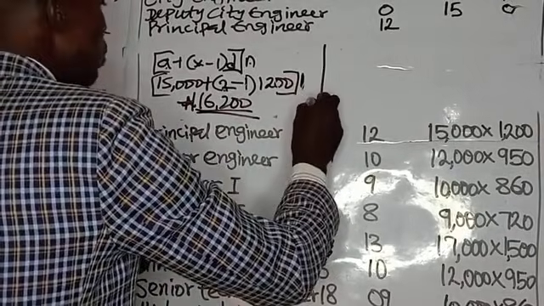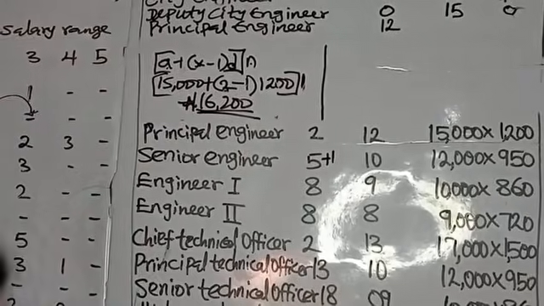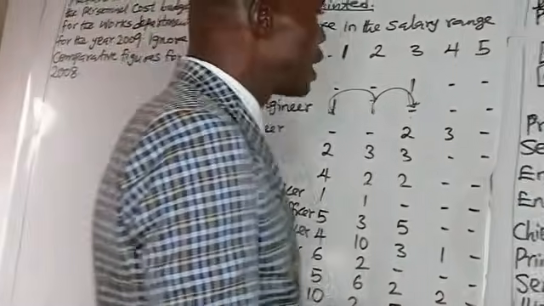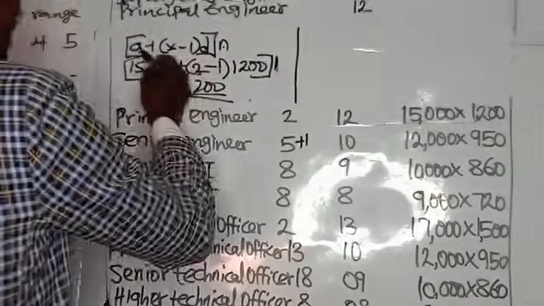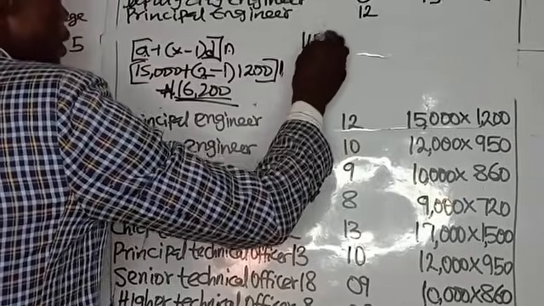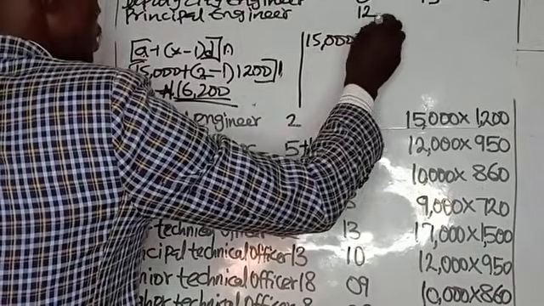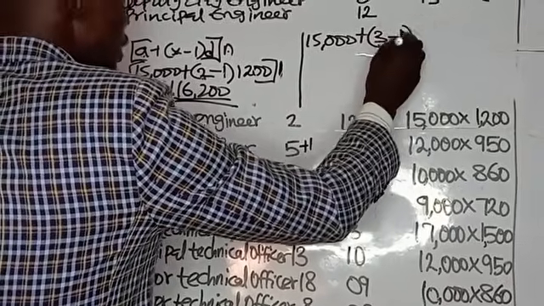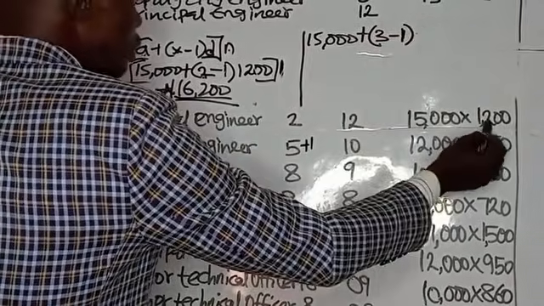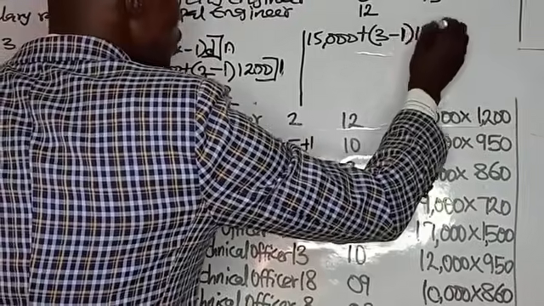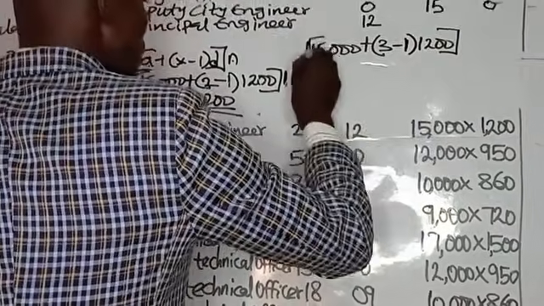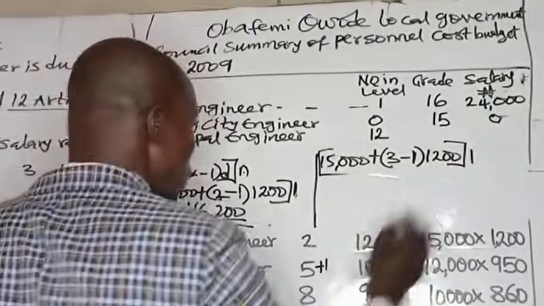The person who was in step 2 before will now move to step 3. So for that person now, the basic pay, A, is still 15,000 plus step 3. The person has moved from step 2 to 3. Multiplied by the increment, which is 1,200, multiplied by number in that post, is only one person.